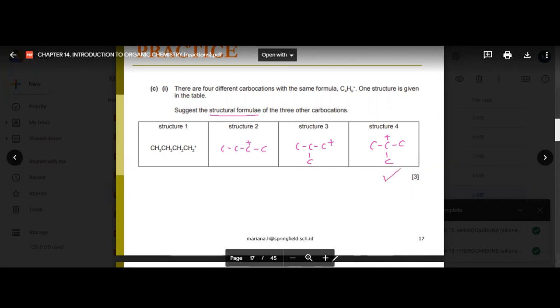Structure 4, since it is tertiary. How about structure 3? Is this primary, secondary, or tertiary? Structure 3 is primary, because it only connects to one C. Although this is propyl, it is connected to this C only. And this is secondary, since it has 2 R groups. And this is primary as well.